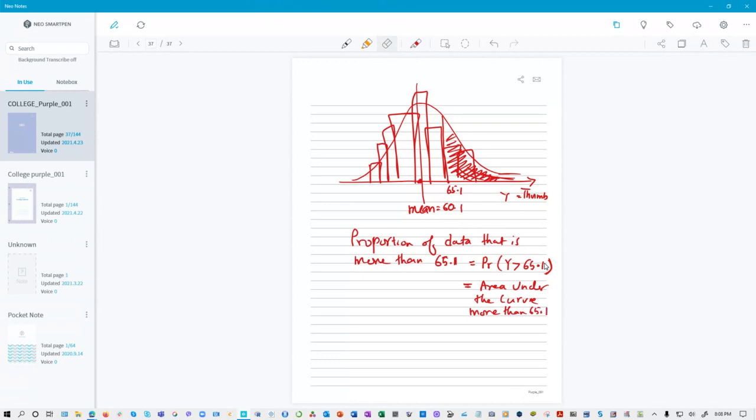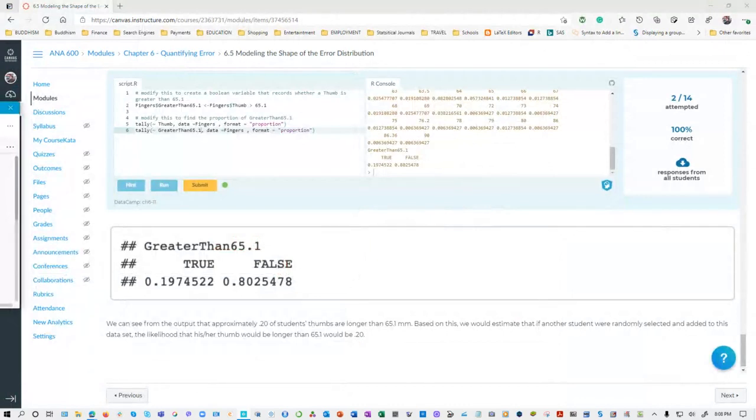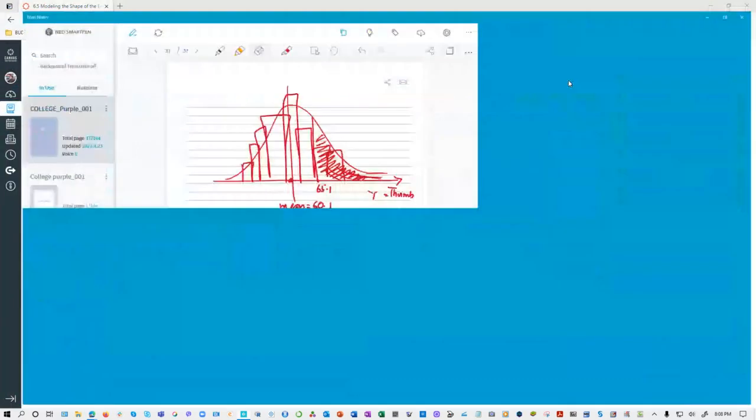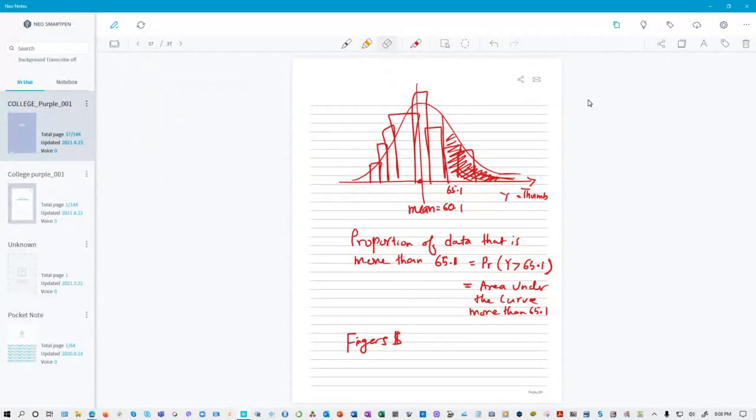In order to find that, I go to the fingers data and create something called more than, a new variable named greater than 65.1.